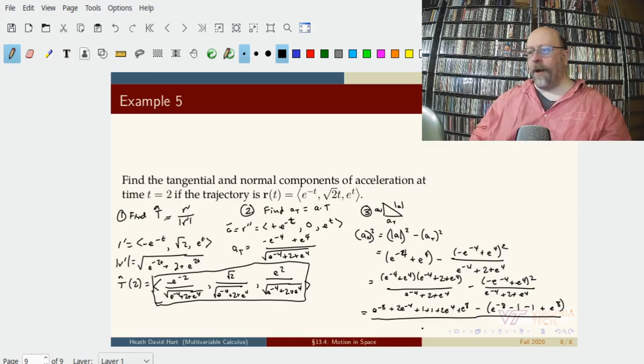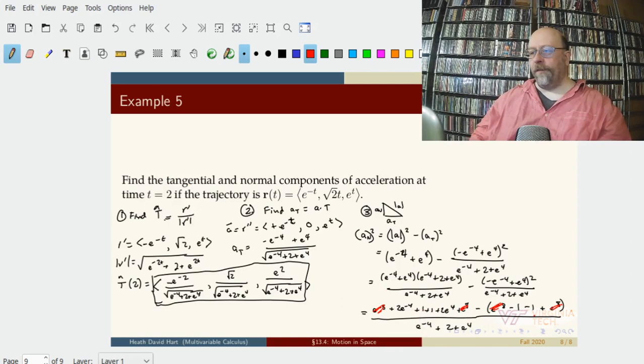All divided by e to the negative 4 plus 2 plus e to the 4. The e to the 8's cancel. The e to the negative 8's cancel. These don't cancel. This is minus a negative, so this is going to be plus 1 plus 1 plus 1 plus 1. It's actually going to be plus 4.